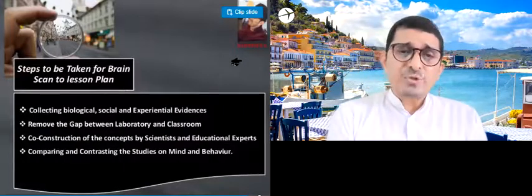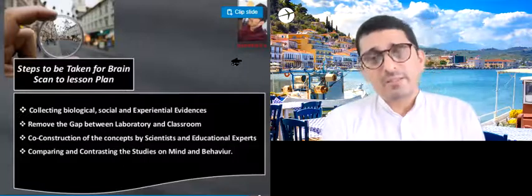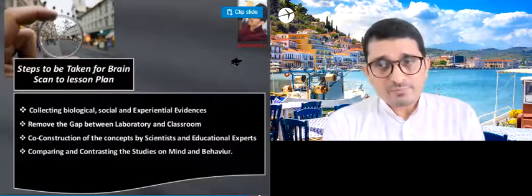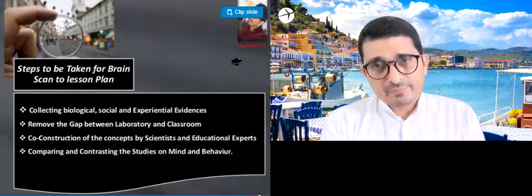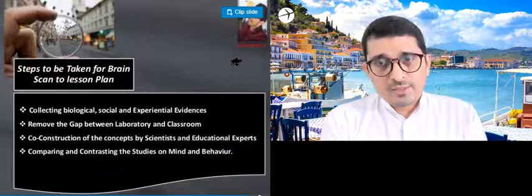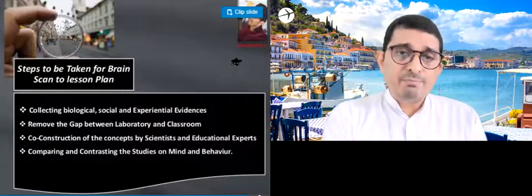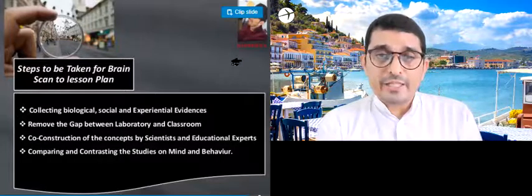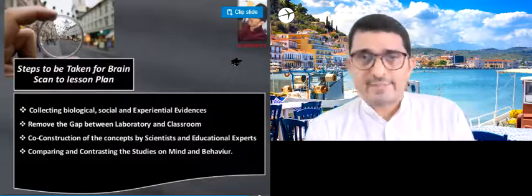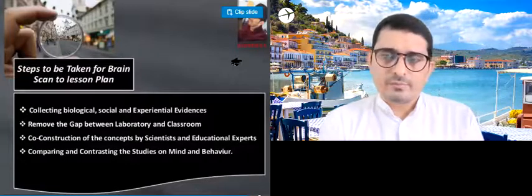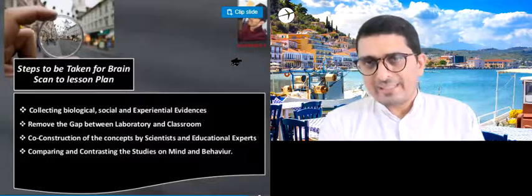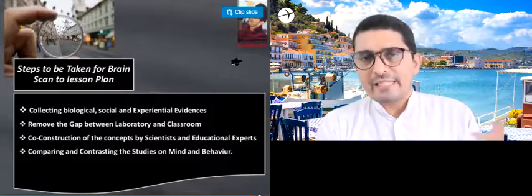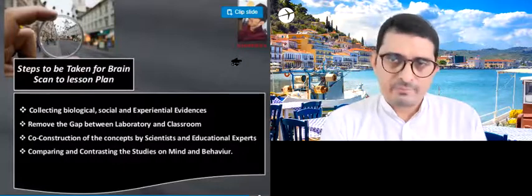Now, what are the steps to be taken for brain scan to lesson plan? We are thinking about brain scan to lesson plan. The first thing we have to do is collecting biological, social, and experiential evidences. Actually, first we have to collect biological evidences, then social evidences, and experiential evidences.